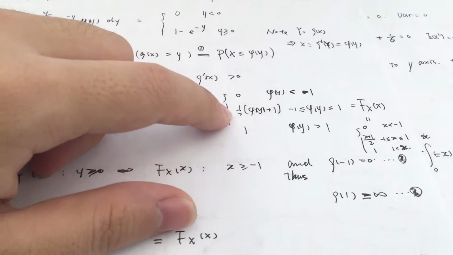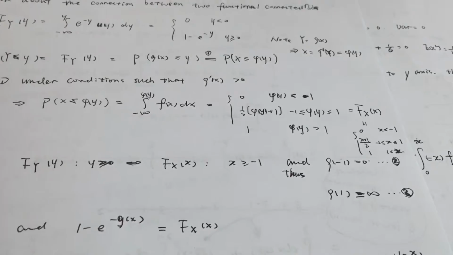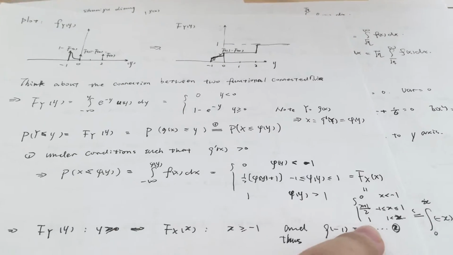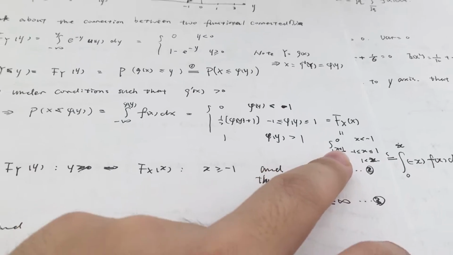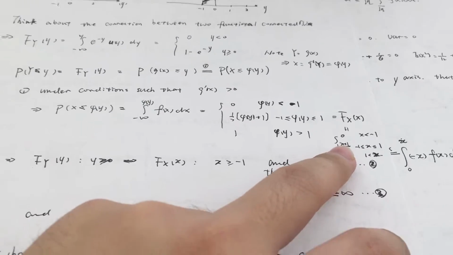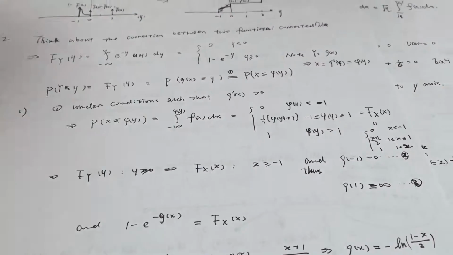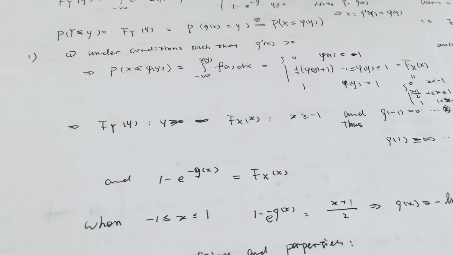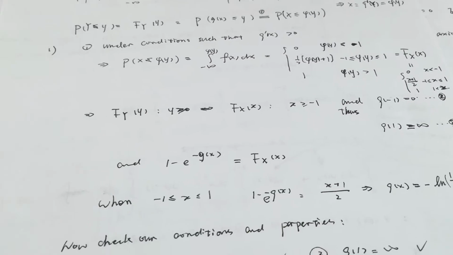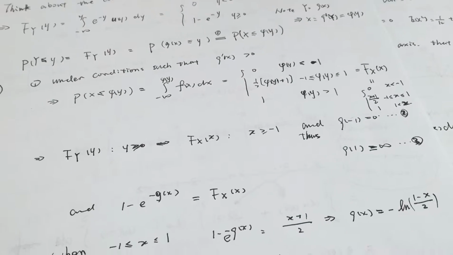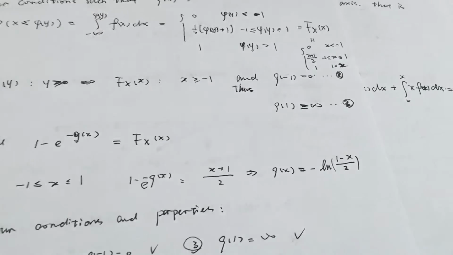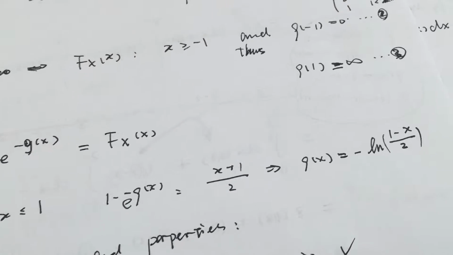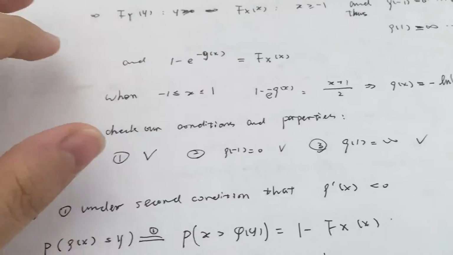This formula can be written as F_X(x), which is (x plus 1) over 2 when x is from -1 to 1, the uniform distribution function, or cumulative probability.